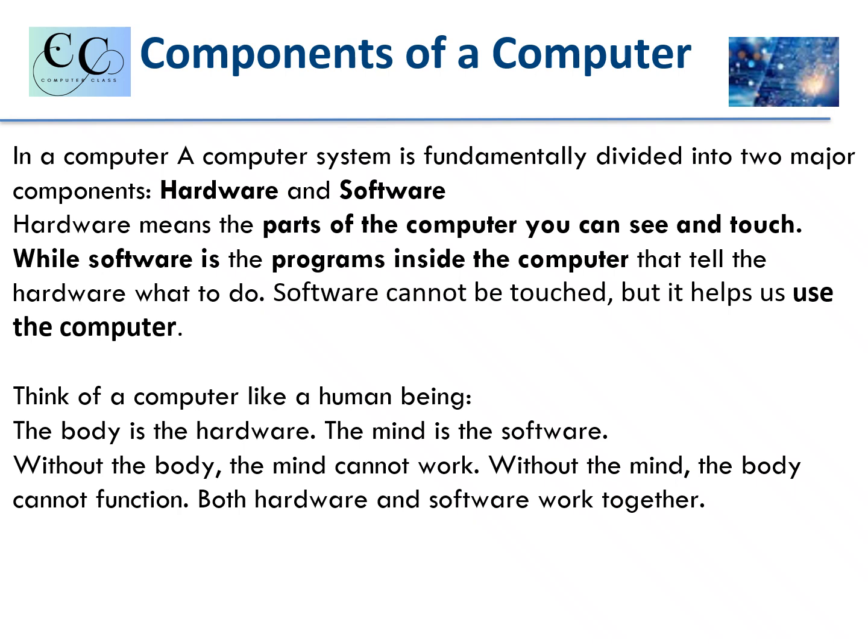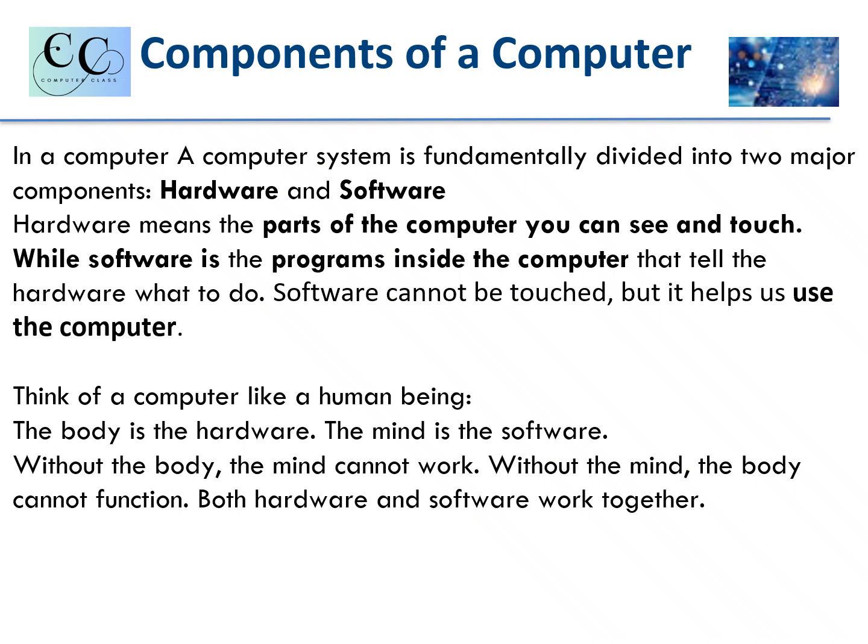Think of a computer like a human being, for example. The body is the hardware part where you can touch the body of a human being. The mind is the software. You can't touch the mind of a human being. Without the body, the mind cannot work. And without the mind, the body cannot function.